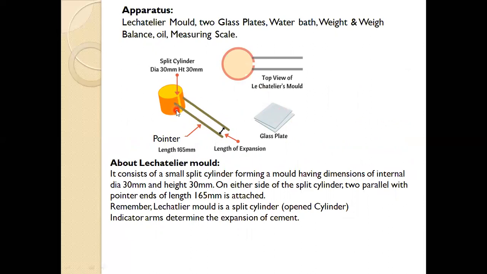In the mold we have to place the cement paste in layers, and the top surface should be leveled, and on the top we have to place the glass plate. So the split cylinder or the Le Chatelier mold should have a glass plate on the top and bottom side, and cement paste is filled in the split cylinder.